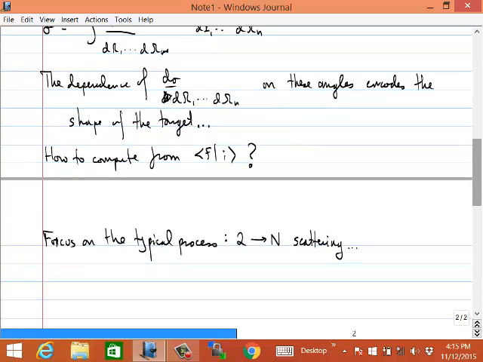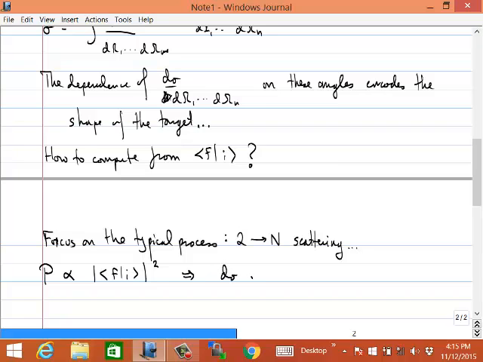Now, the thing that we know how to compute is the S matrix element, S_fi, and this is a quantum mechanical amplitude, which means that if you want to get a probability, you should really square it. And so that means the probability of some scattering event is going to be proportional to the square of this S matrix element.